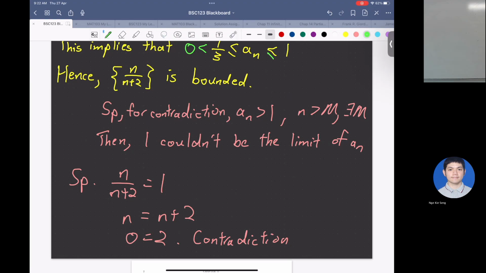Whatever we write has a meaning, and there's a reason why we write it like that. If I write strictly less than 1, I want to tell you that I cannot reach 1. You will get this contradiction. If I just say less than or equal to, I don't really care whether it is equal or not. Either one of them is true and I'm happy, so I put less than or equal to.